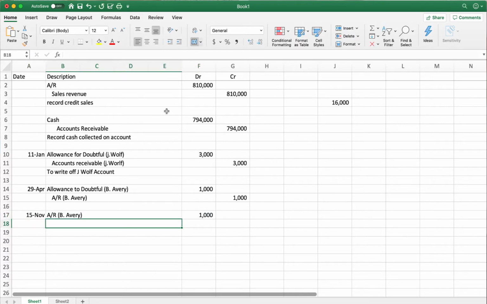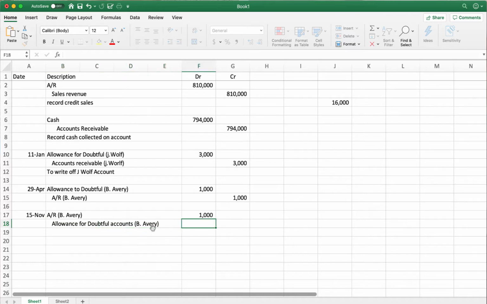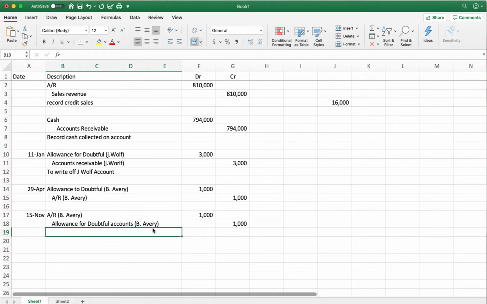I'm going to credit allowance for doubtful accounts, again, B. Avery. Okay, $1,000. What is this? What am I doing? I'm reinstating the B. Avery account.